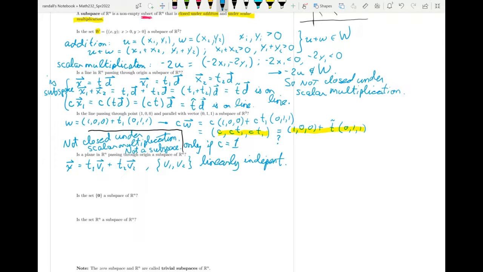So if I take two vectors there and I add them, do I get another vector that's in that set?